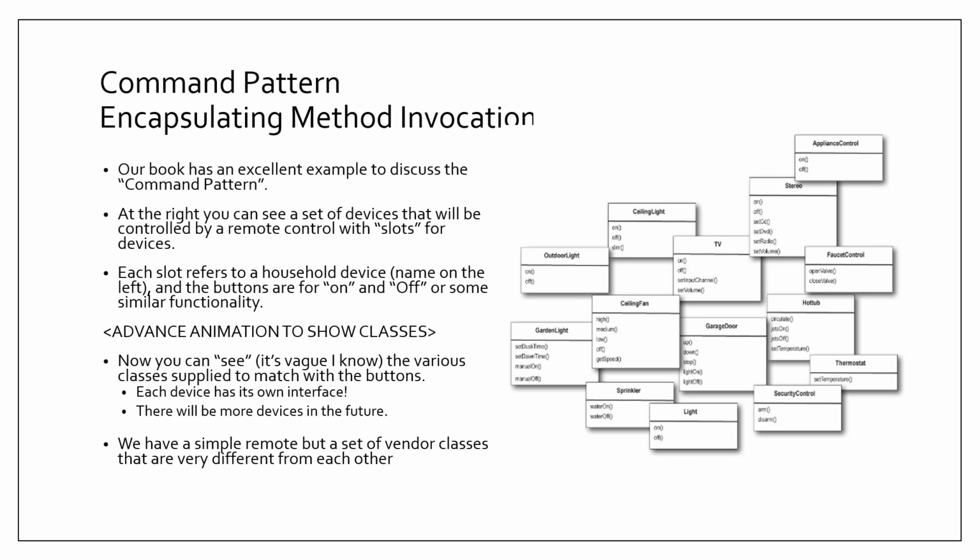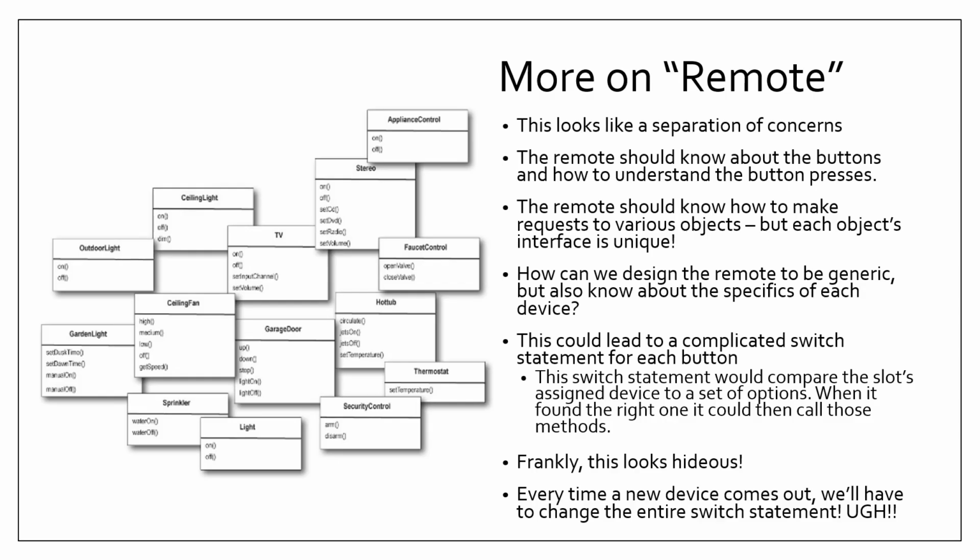First, it really makes for a complicated, garbage-looking piece of code that can figure out which object is in which switch and then call that object's correct method. That's the first problem. And the second one is every time we want to add another kind of object that our remote control can control, we are going to have to go in and change that big switch statement that maybe goes through all the place.